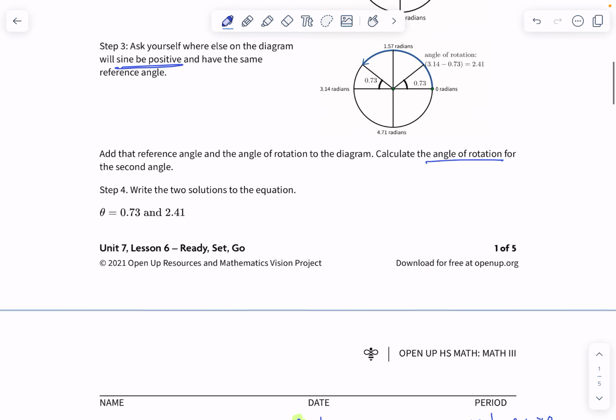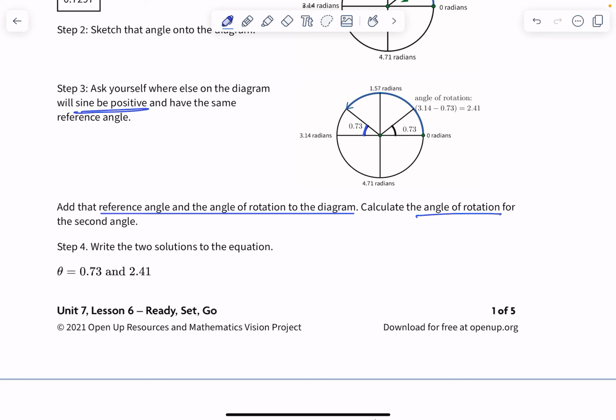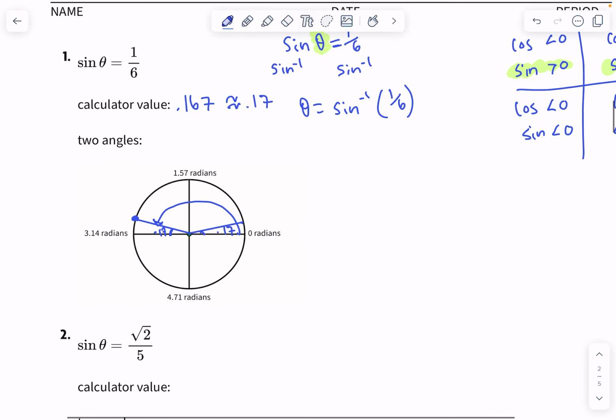So again, let's talk about this a little bit. On the diagram, we found that this was 0.73 for this example. Now they add that reference angle and the angle of rotation to the diagram. The angle of rotation starts at 0 and goes all the way around.